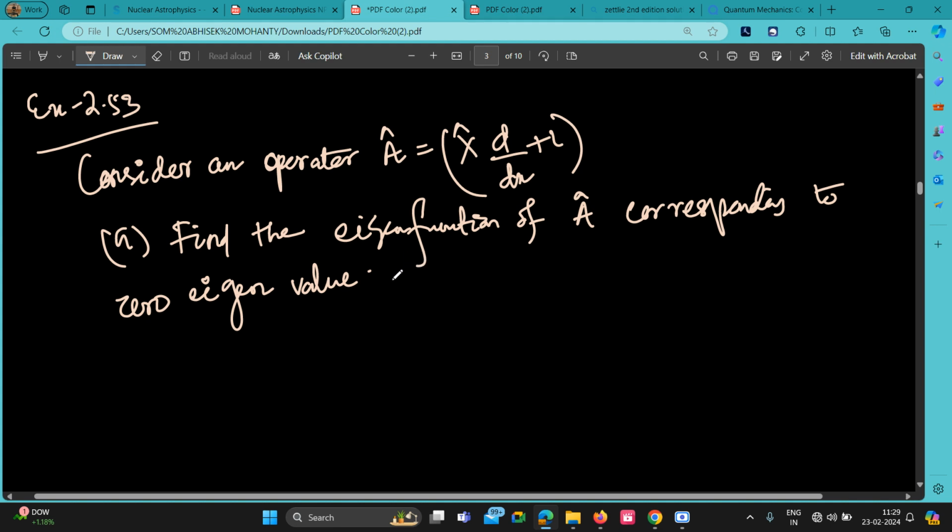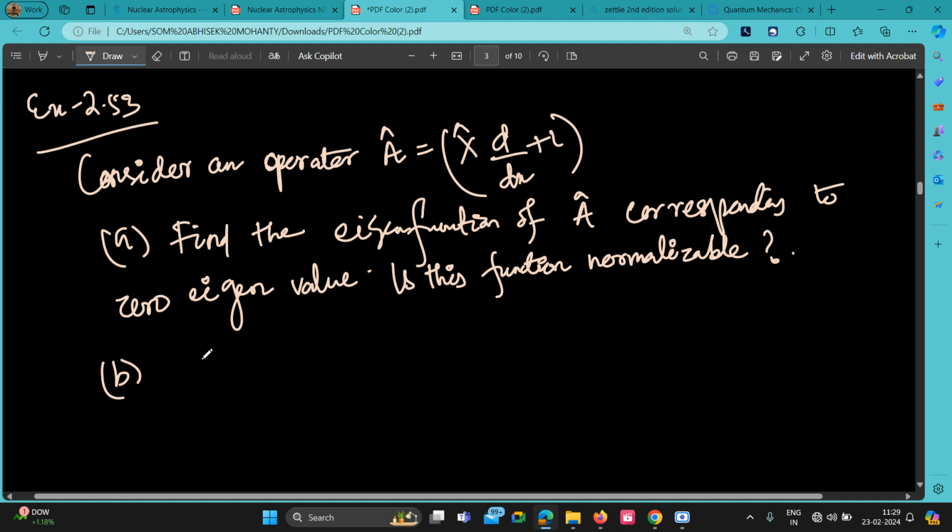Is this function normalizable? Option B: is the operator A Hermitian?